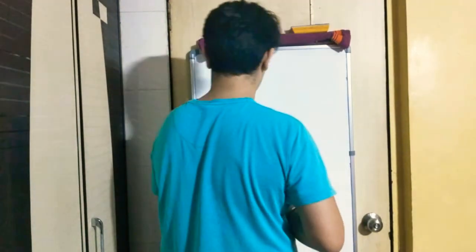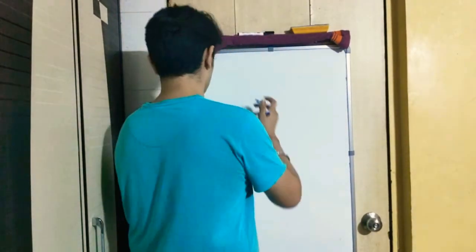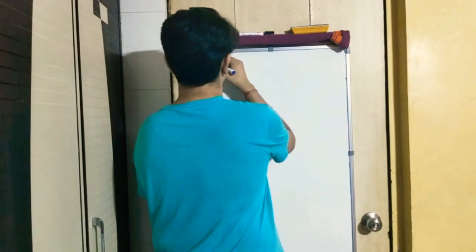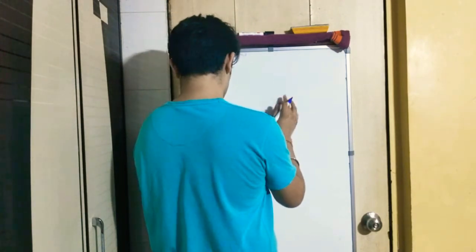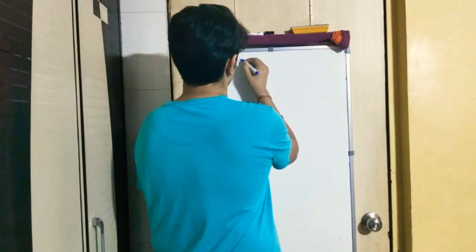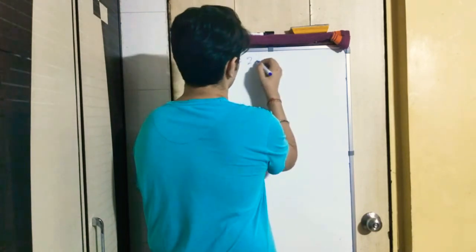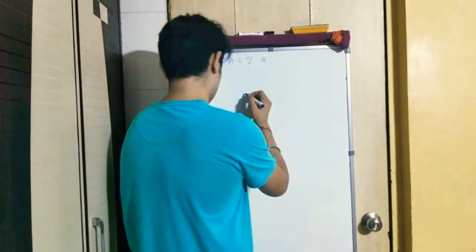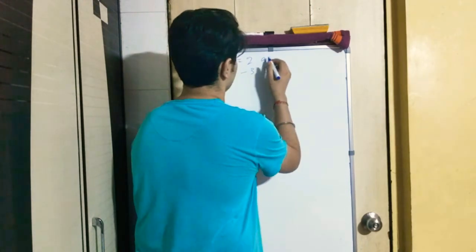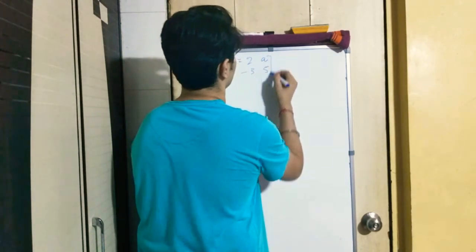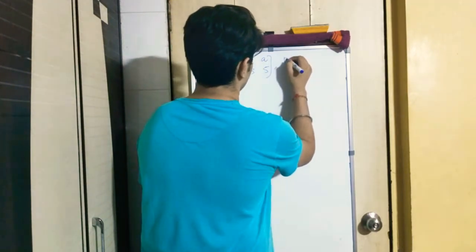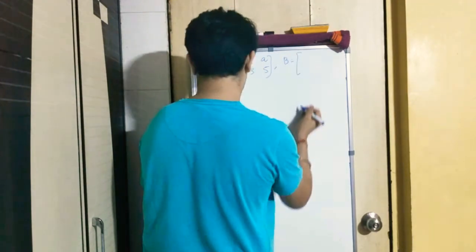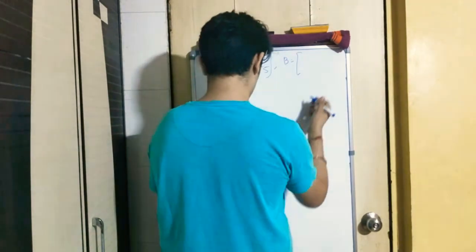Now this kind of sums can be asked in the exams. The 10th sum: if A is equal to 2a minus 3, 5. This is a, okay. Don't take it as 9. B is equal to minus 2, 3, 7b.